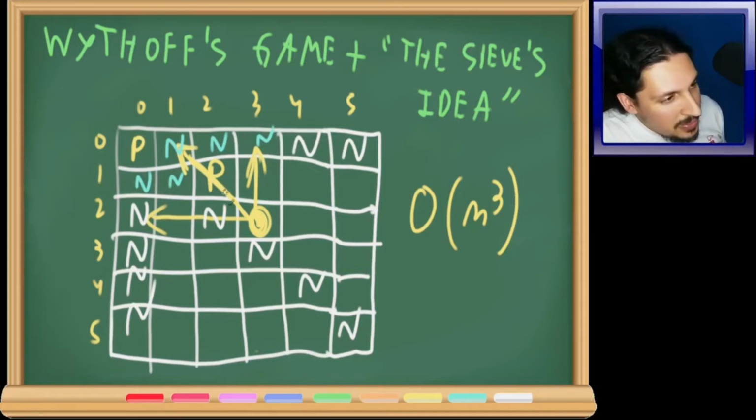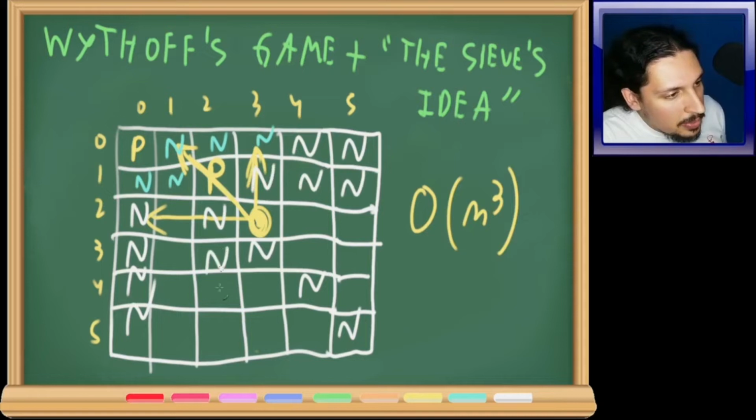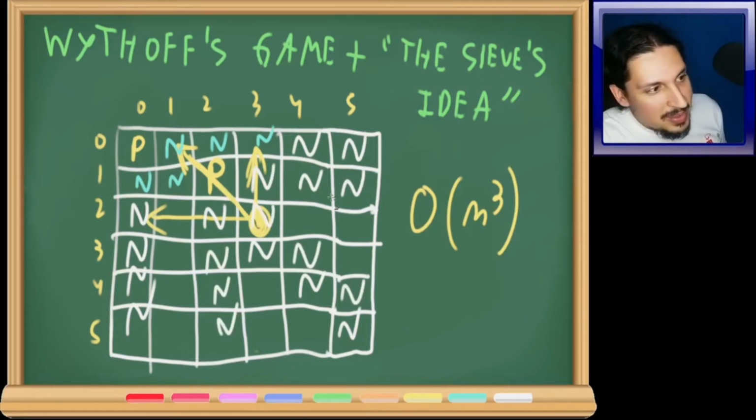The first one that I see that is not marked must be P, because otherwise, if it could reach a P, given the order I'm going, I would have marked it already. And now I can do the same. The whole row is marked as N, the whole column, and the full diagonal. So you see that with much less effort, I am able to cross out almost all the matrix.